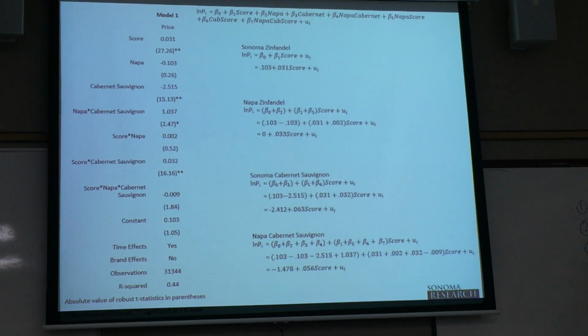Now, any questions? One of the things we might want to control for, kind of like what she had said earlier, is the sophistication of consumers. Cab is the top selling varietal, right?